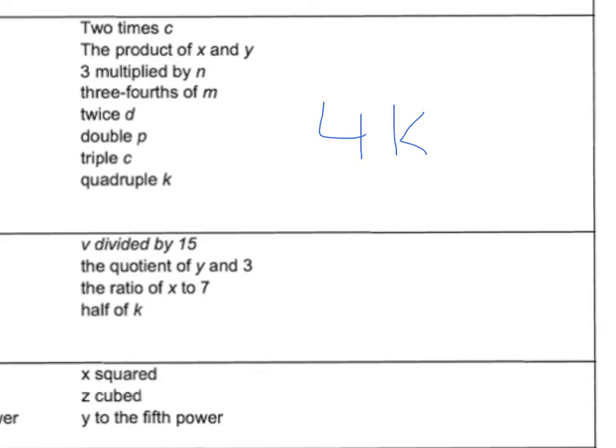Alright, let's go ahead and drop down into the division section now. In this first one, we see v divided by 15. So we're going to write this in the order we see it. So it's v divided by 15. The next one says the quotient of y and 3.